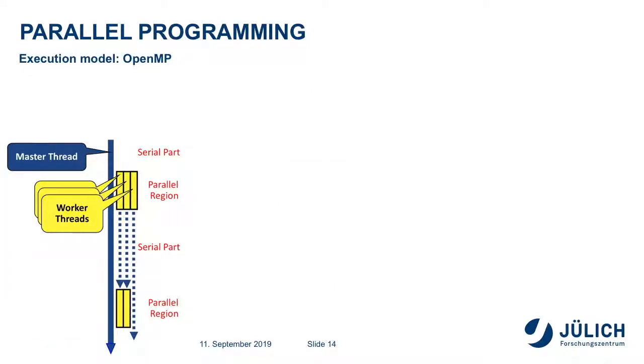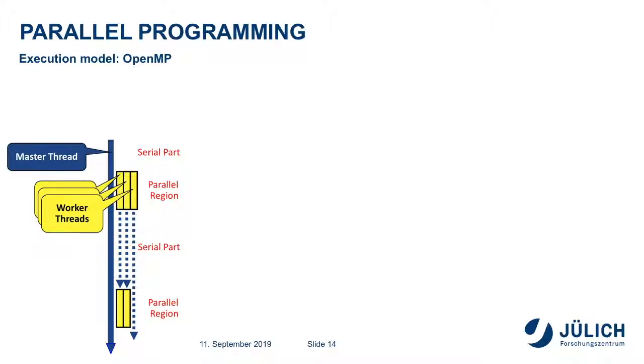Let's have a look at the execution model. With OpenMP, you have a master thread which starts your sequential code, and then it reaches the parallel region, for example, this loop which you have to calculate with several workers. Then this work is distributed between these threads.